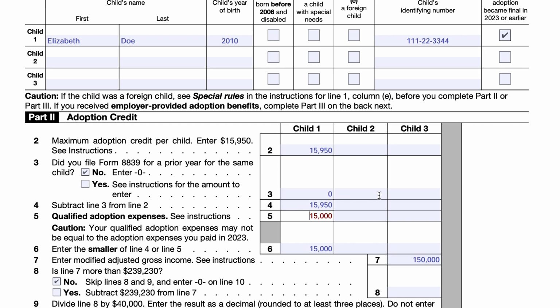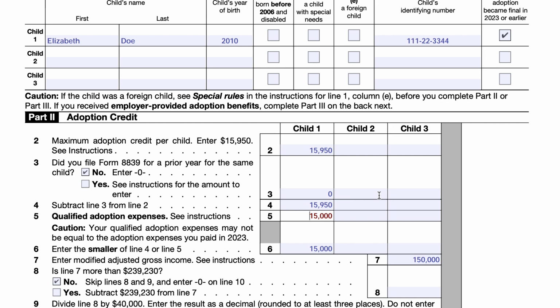If he chose to exclude these expenses from income, then he would reduce his income by $15,000. But if he's, let's say, in the 24% tax bracket, then he would only save whatever 24% of $15,000 is, which is somewhere around $3,800.